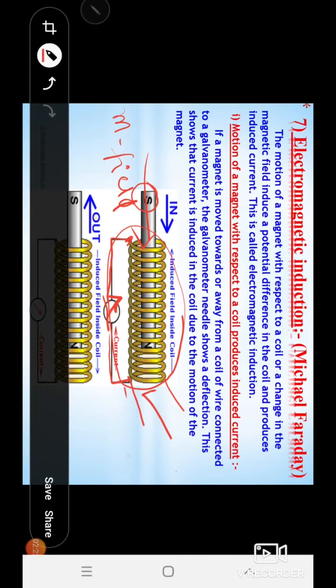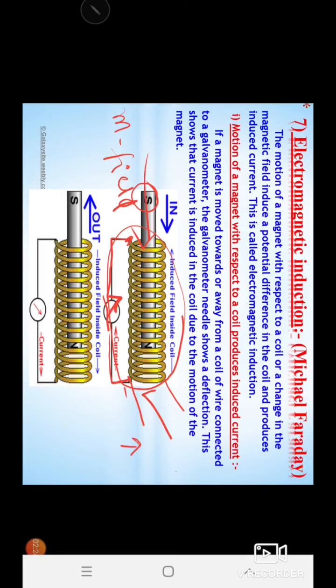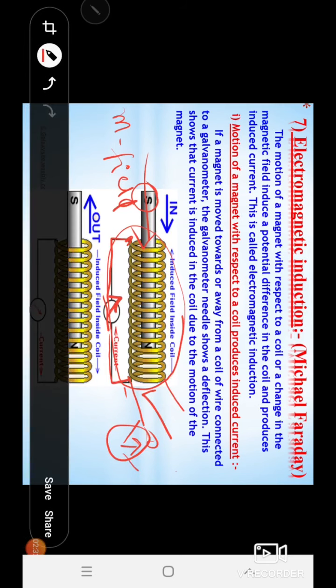We know that the needle of the galvanometer is always at zero. If the needle deflects either this side or this side, that indicates that current is produced in the circuit. So the galvanometer is a device which is used to check the presence of a current in a circuit.